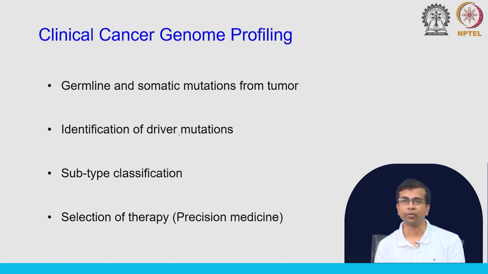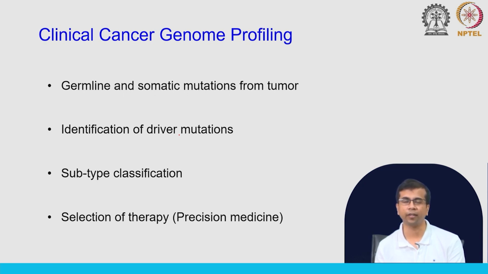Different subtypes show different characteristics, and they also respond to different therapy. By studying these variants we can do subtype classification, and that can help in selecting the appropriate therapy. There is this term we have introduced earlier, which is called precision medicine.